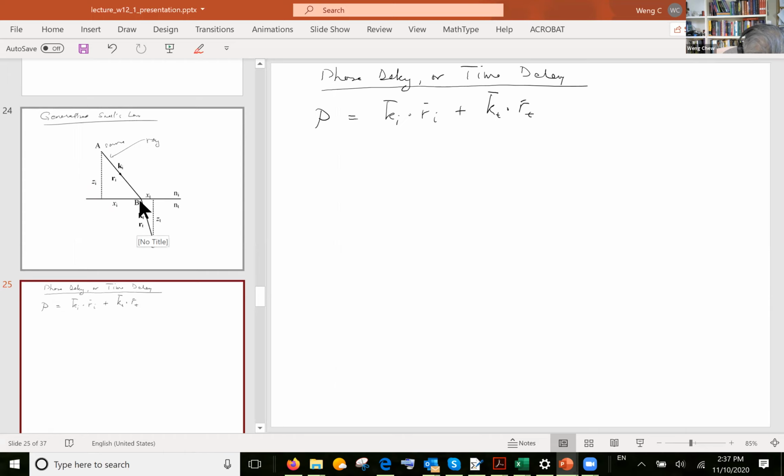I would minimize it by moving the point B. You can move it around until this phase delay is minimized.